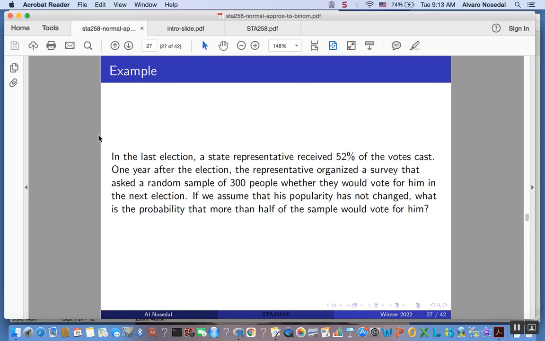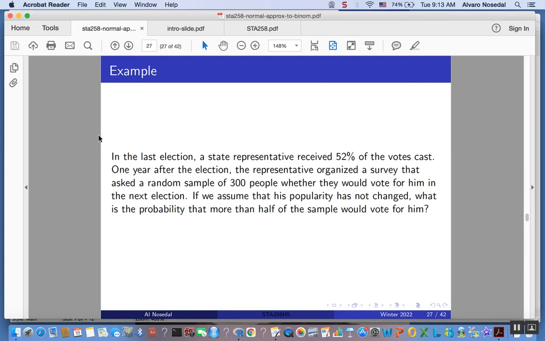So take a look at it. Make sense? Okay. So in this case, the parameter of interest is a proportion, right? A p.